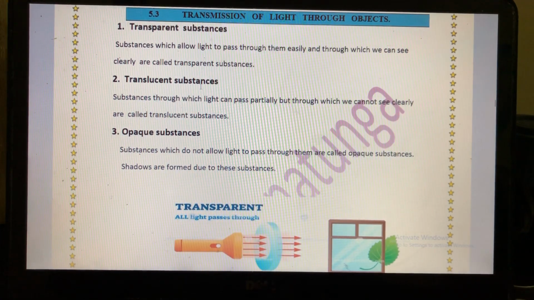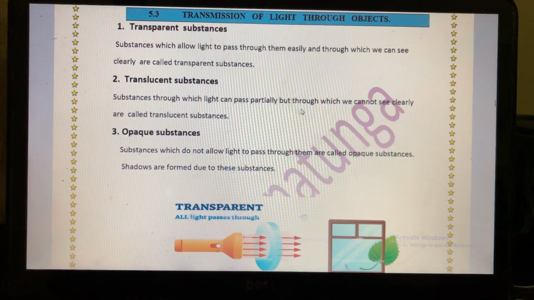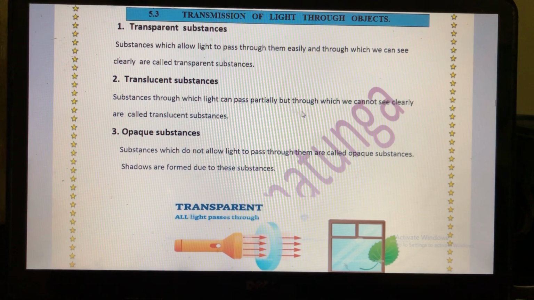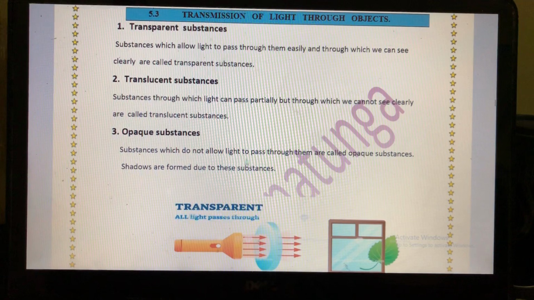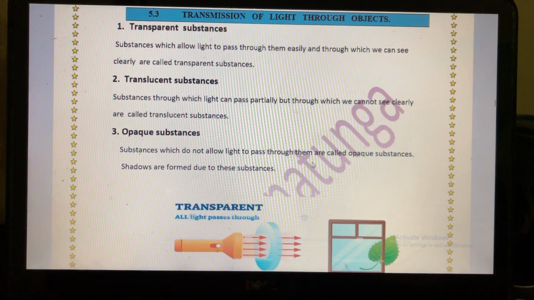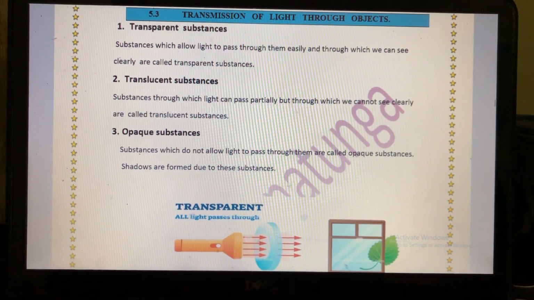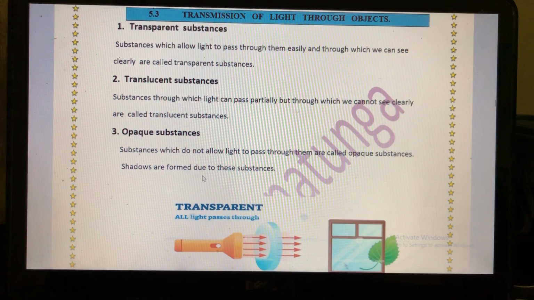Translucent substances: substances through which light can pass partially, but through which we cannot see clearly. Opaque substances: substances which do not allow light to pass through them. Shadows are formed due to these substances.